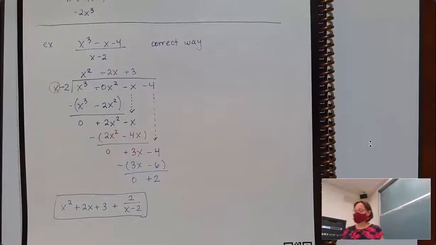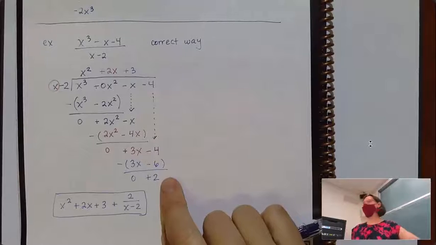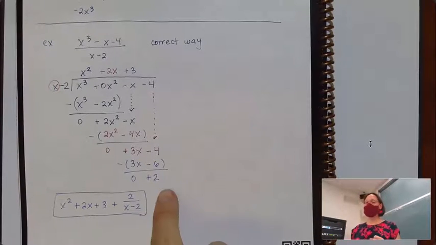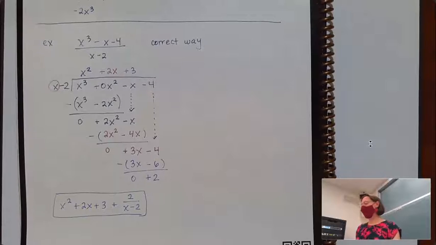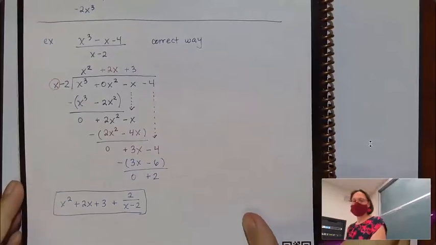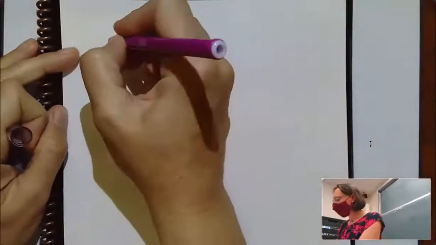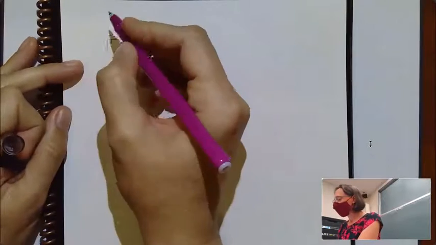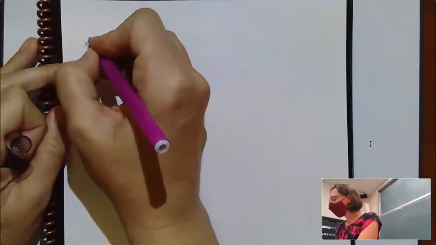To know when to stop, for sure, if you got down to just a number, you're done. I think that's the most straightforward one. If you got to a number, you're done. Just hypothetical for a second, but let's say we were doing some kind of long division and up here I had x squared plus x.